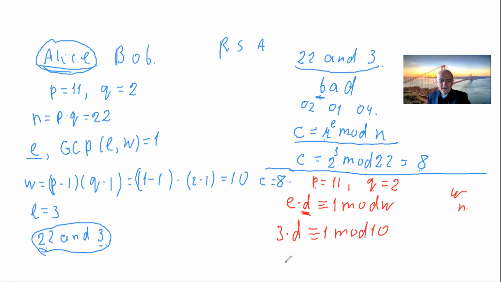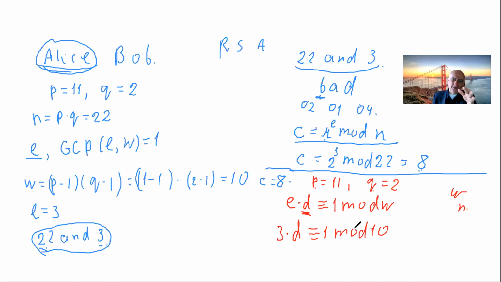Okay, now we know how to find this inverse, and let me recall that this D is called the inverse of 3 modulo 10.